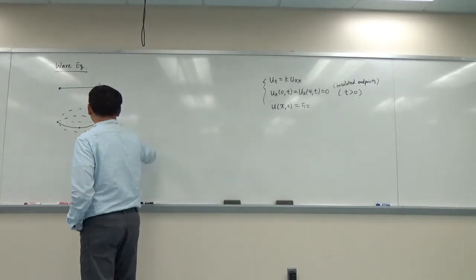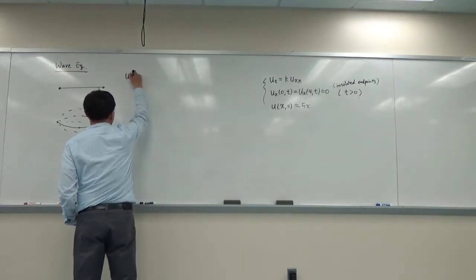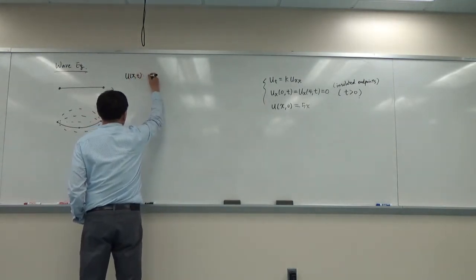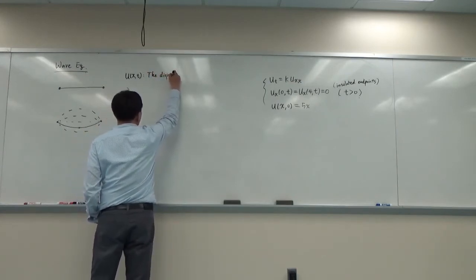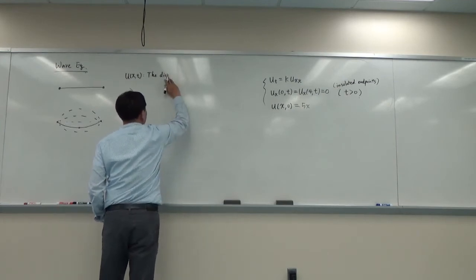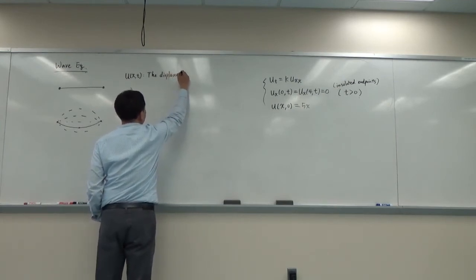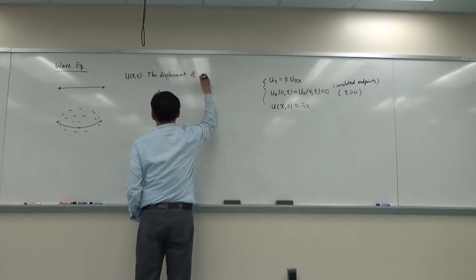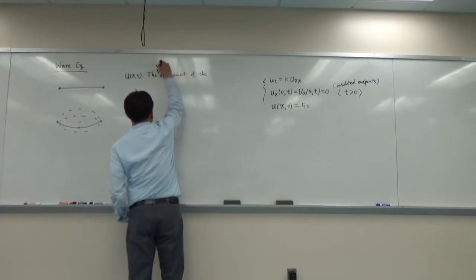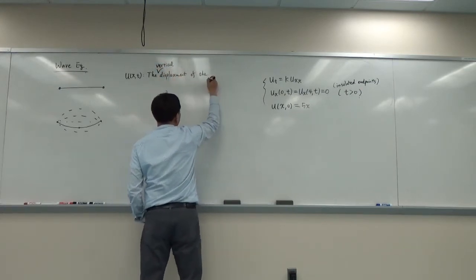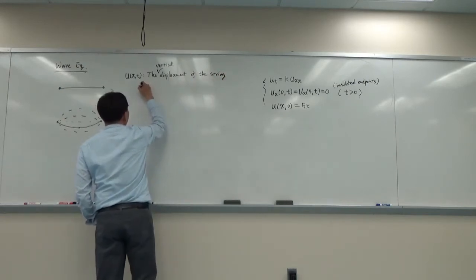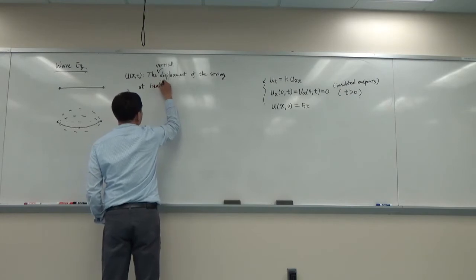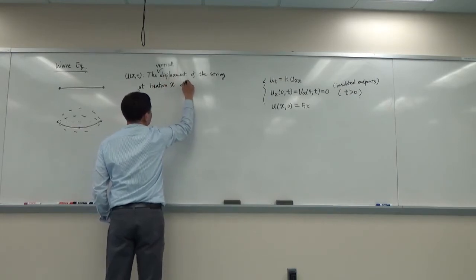So in this case, let's define u(x,t) as the following. u(x,t) will be the displacement, or actually the vertical displacement, of the string at location x at time t.